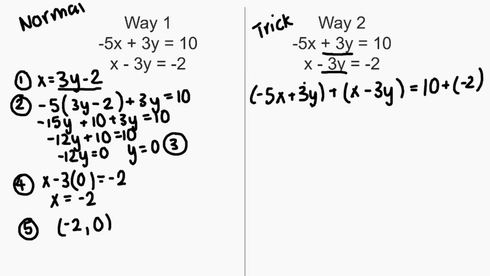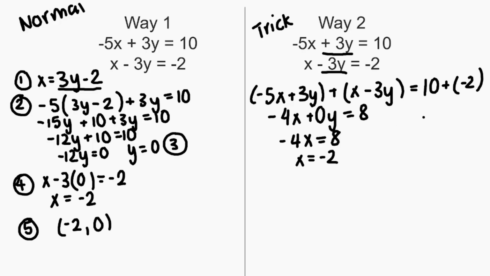This should work because negative 5x plus 3y equals 10, which we have on this side, and x minus 3y equals negative 2, which we have on the right as well. So if we simplify, we get negative 4x plus 0y equals 8. We get negative 4x equals 8, x equals negative 2.